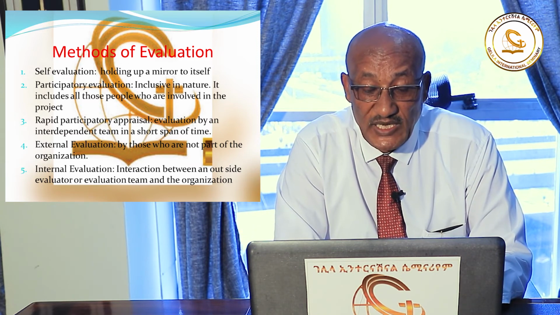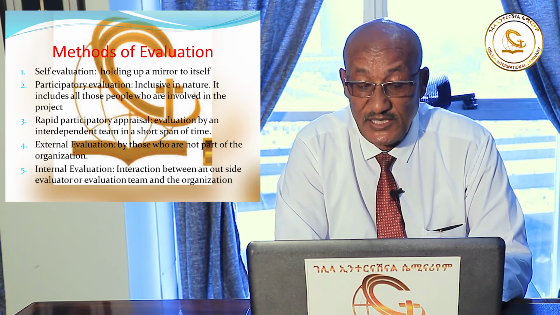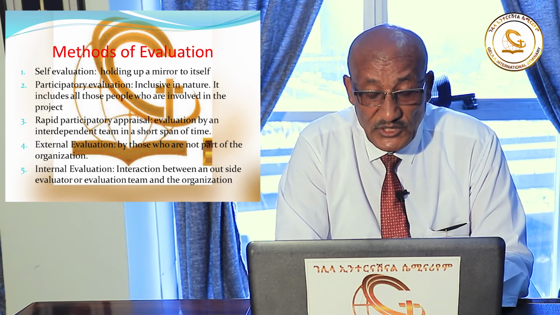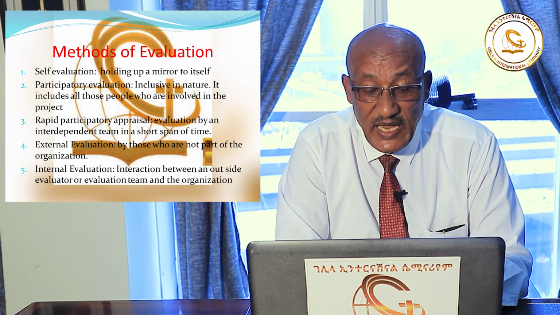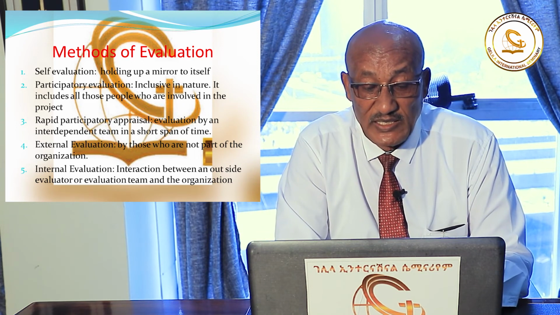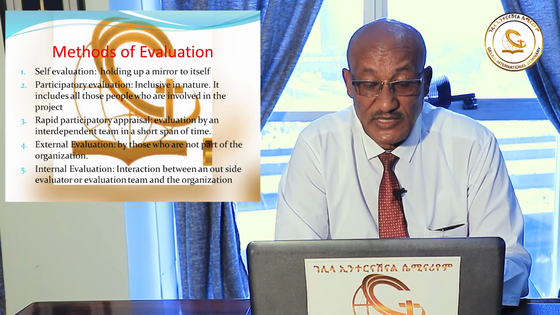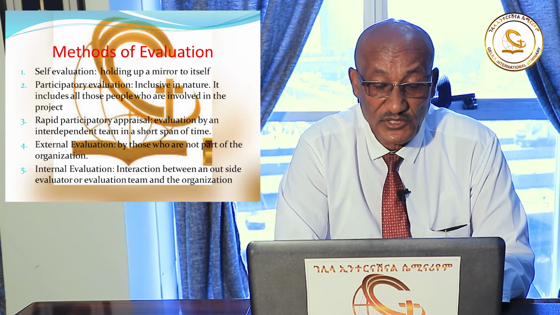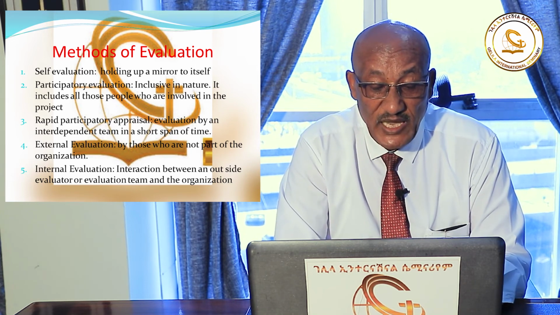I'm not saying an independent team, the interdependent team. This is a kind of horizontal relationship among the individuals. Horizontally, people can evaluate themselves. Different sections in different work divisions evaluate each other.